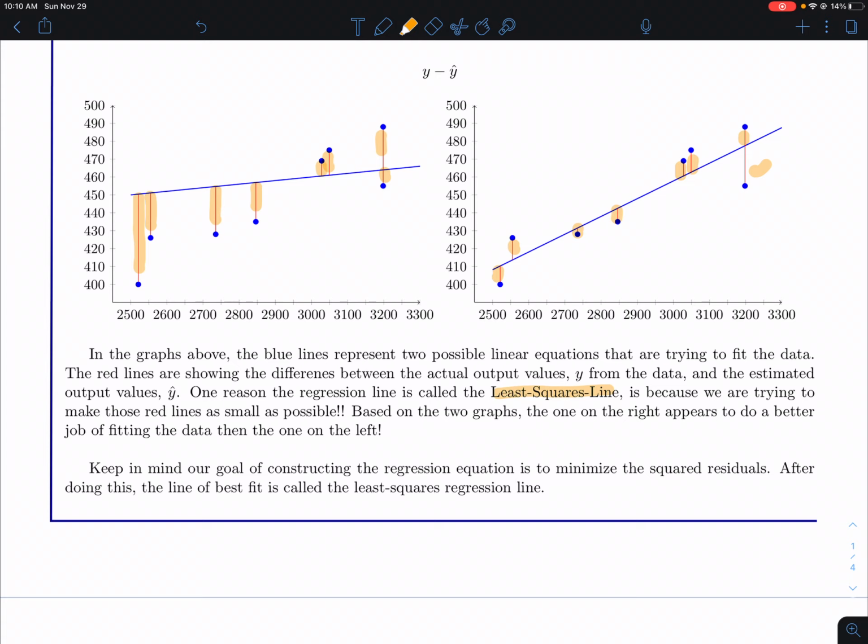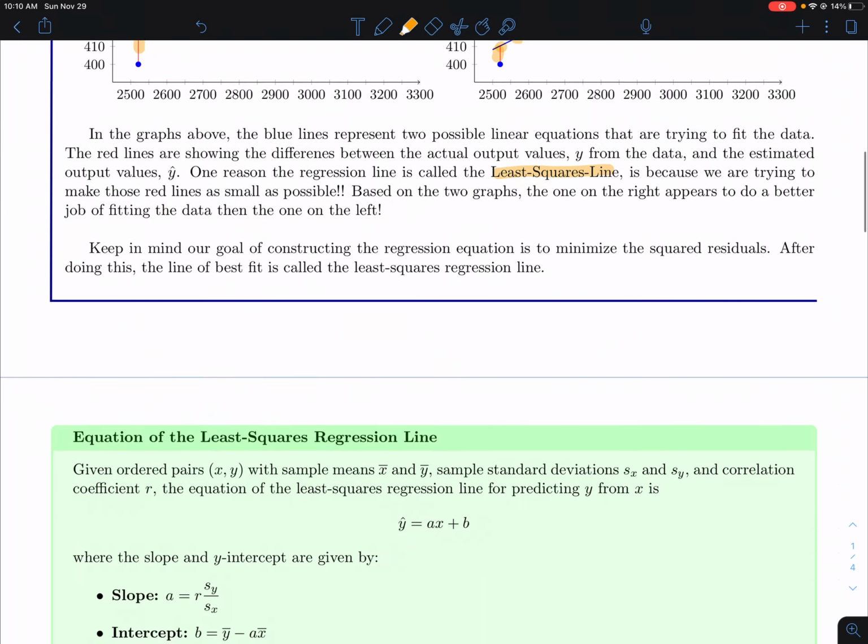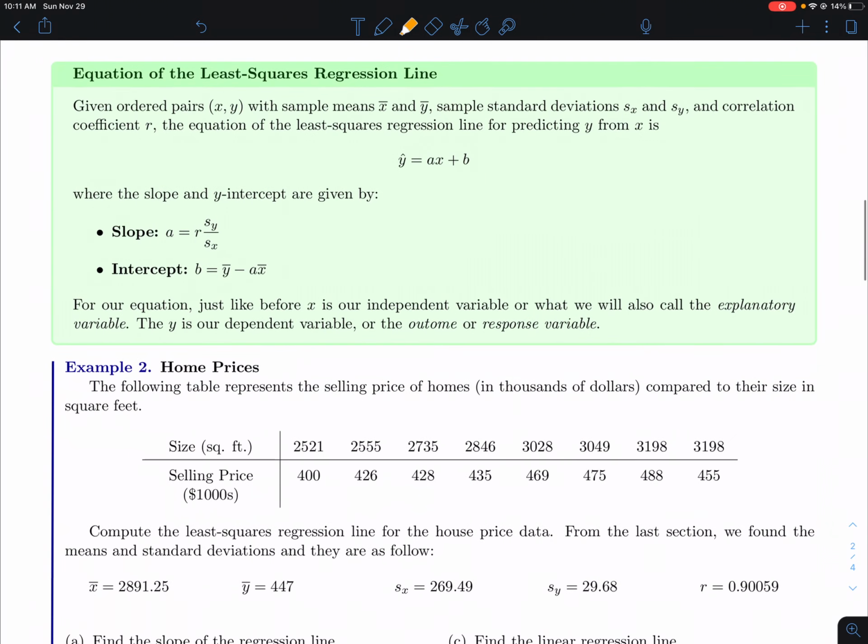If we were lucky and r equaled 1, then every one of these blue dots would live on the line. The closer our r value is to 1, the closer all these dots are going to be to that line. All right, so let's look at our equation for our regression line. Again, we need to know the sample means and the sample standard deviations.